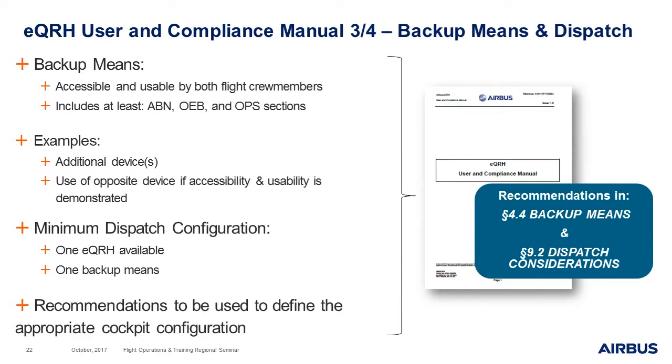The recommendations regarding the backup means and the dispatch considerations are also available in the eQRH User and Compliance Manual in the following chapters. And these recommendations should be used by each operator to define the backup means in the cockpit and to build the eQRH MEL items.